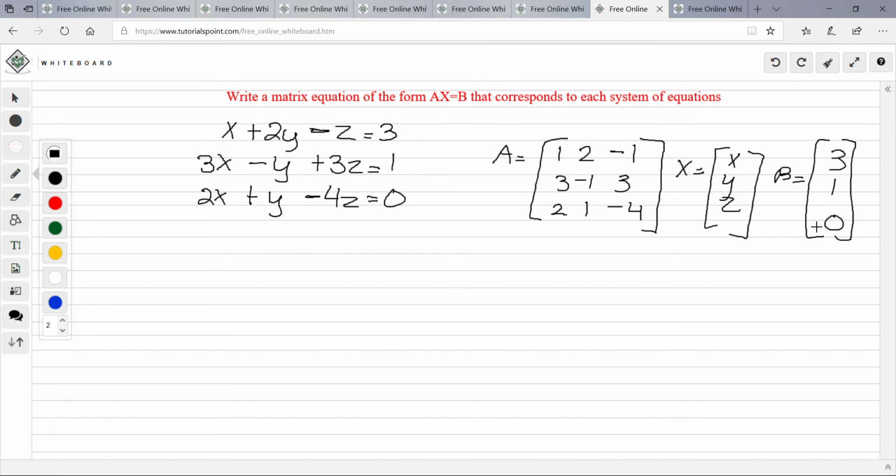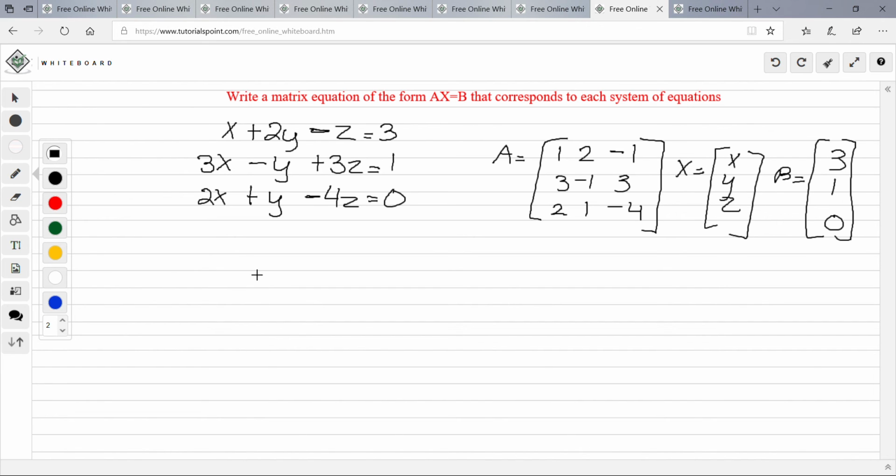It's just saying write a matrix equation of the form AX equals B. It does not say to solve for it. We don't have to solve for it. So we have to put it in this form, AX equals B. So we know A is this one, and our X is this one, and then it should equal B.